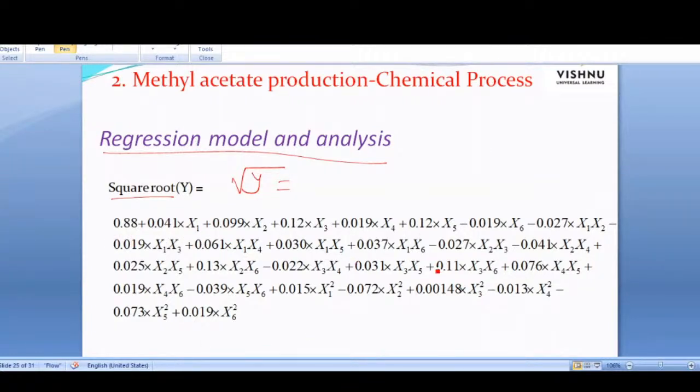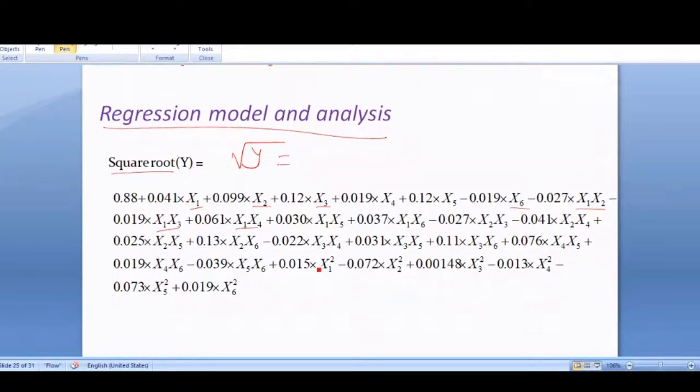See here, it is a big equation in terms of factors 1, 2, 3 up to 6, then the combinations of 1 and 2, 1 and 3, 1 and 4. Like that it gives the total interaction of one parameter with another parameter, showing which are most significant, meaning which have more influence on the yield of the product.